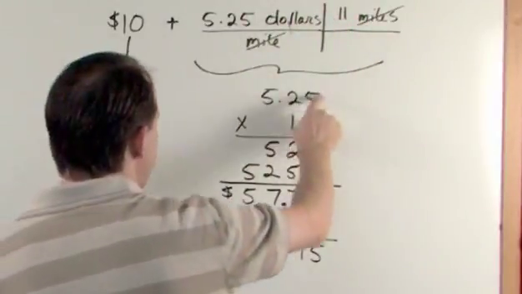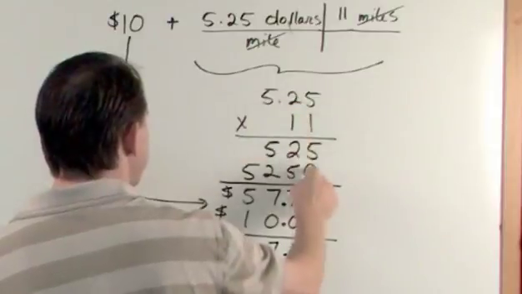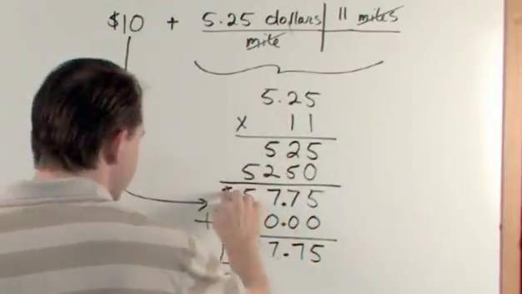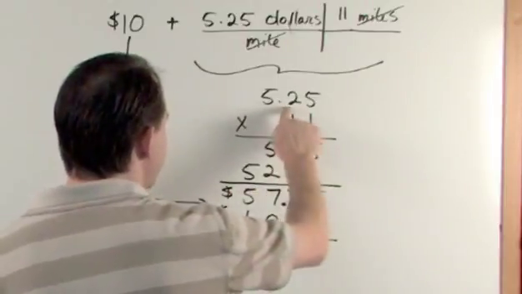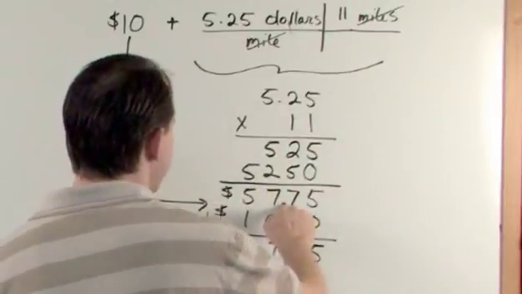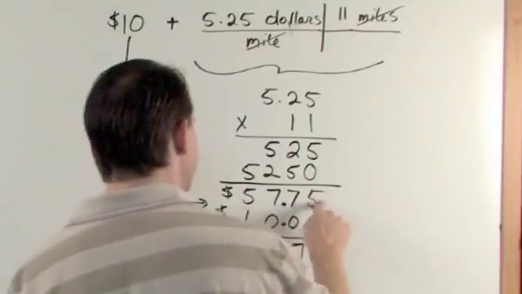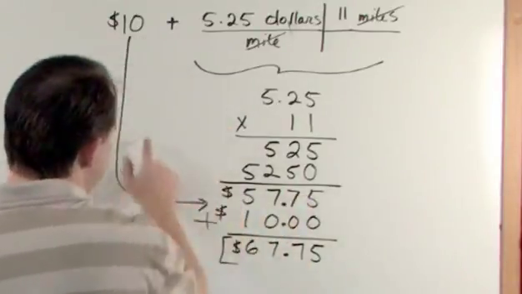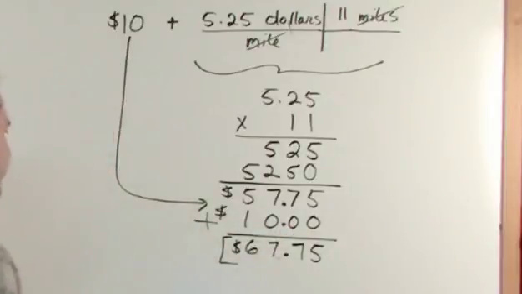We do the multiplication just like we normally do, put a 0 and go to the next column and keep going. Don't even care about decimals until the final answer, and then we count that there's 2 decimals here, we put a decimal there, so that there's 2 spots after the decimal. That was how much it cost to drive us, and then we added the $10 in, and the answer was $67.75.